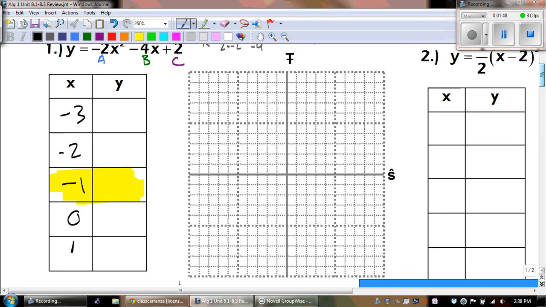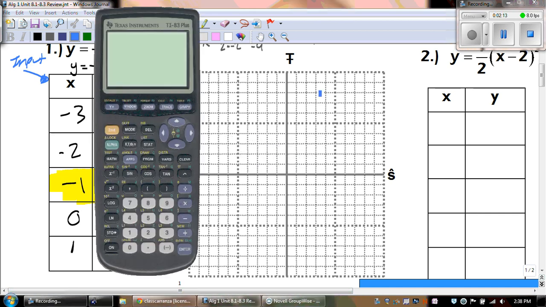Now, let's go ahead and solve those points. When we're solving those, we're going to plug into our equation y equals -2x squared minus 4x plus 2. These are our inputs, the numbers that come in here, and you can solve them.